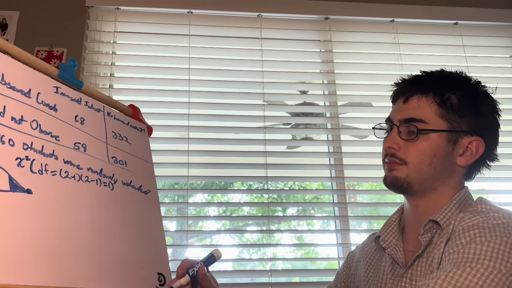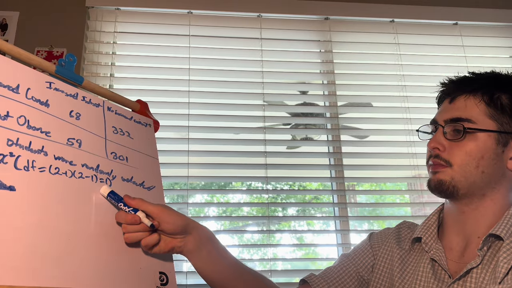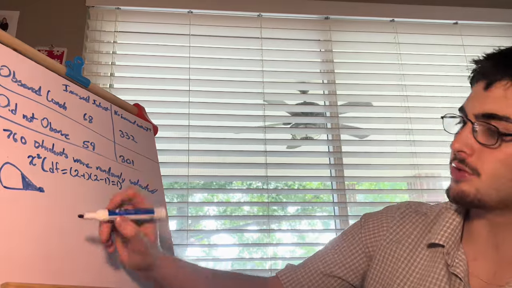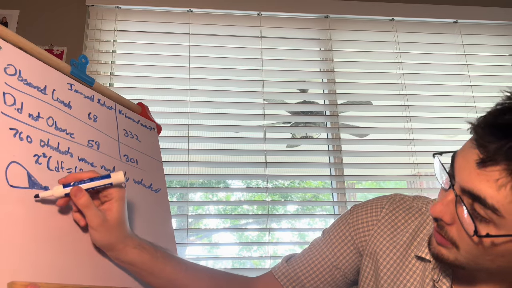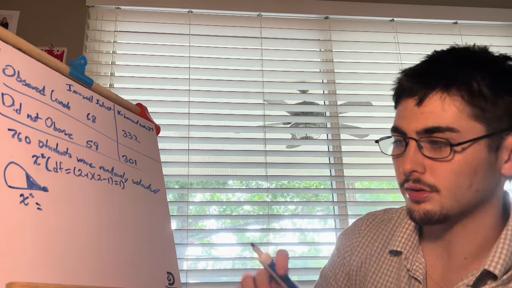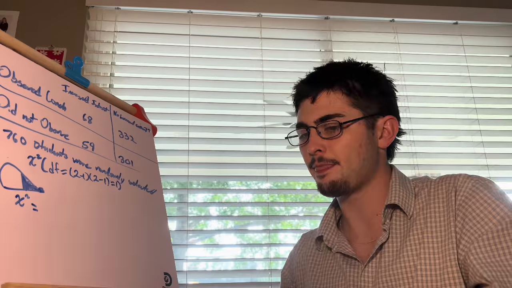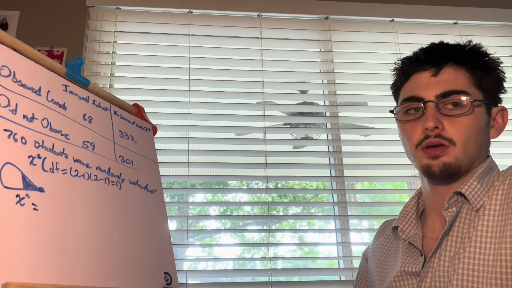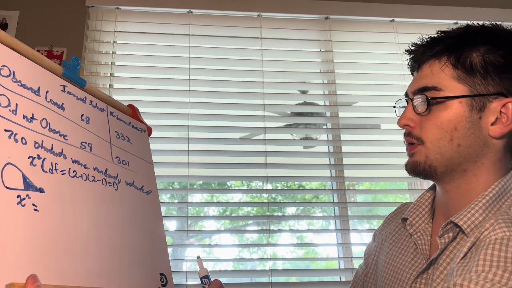So you're going to write it like that. And then under this draw, you're going to write another chi, and then you're going to equal it to, we'll leave that blank for now.